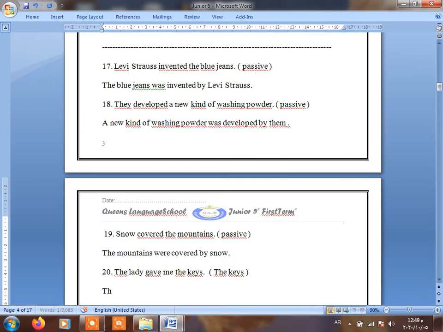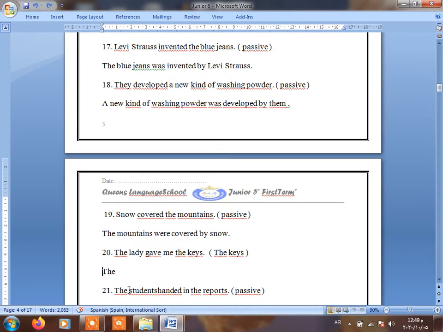So the keys were given to me by the lady, and I can write the sentence without this part. I can erase this part and it will be okay. That's if I started the sentence with the keys.